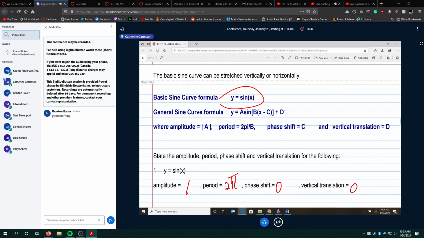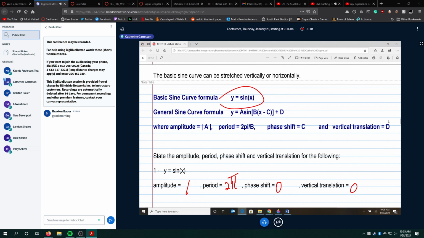So going back to algebra, if I were to add a number or subtract a number to the outside of the sine function, that is called a vertical translation, and it's going to shift it up or down. So if I were to say plus 2, and I called it D because it's right here, but you could just think it's your vertical translation.